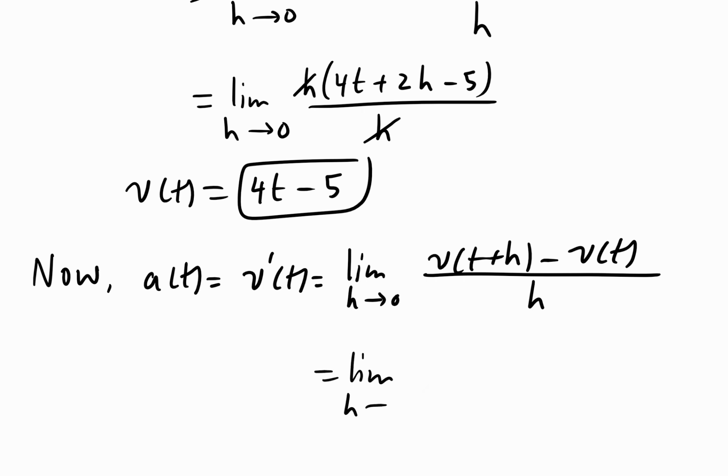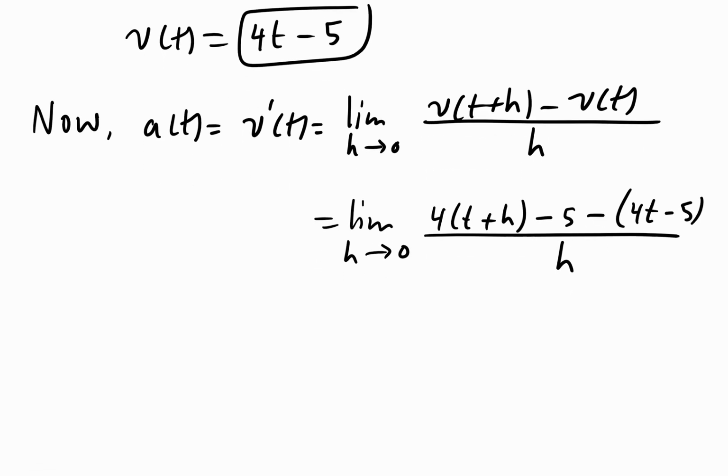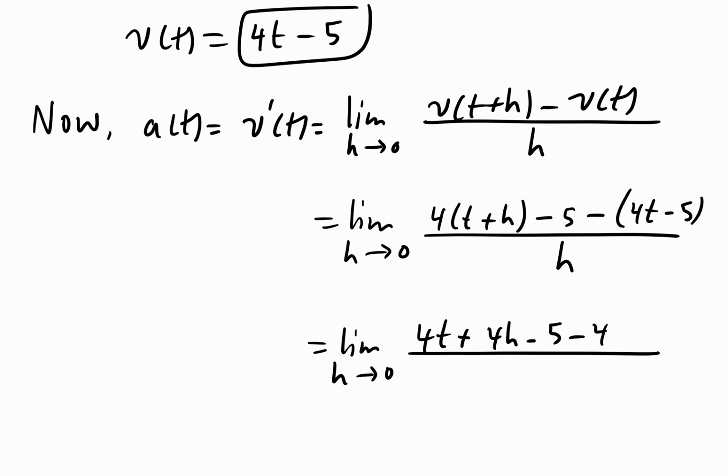Limit as h goes to 0. V of t plus h is 4 times t plus h minus 5, minus the whole function 4t minus 5, over h. Limit as h goes to 0, 4t plus 4h minus 5 minus 4t plus 5 over h. These cancel, h cancel. That gives me 4.